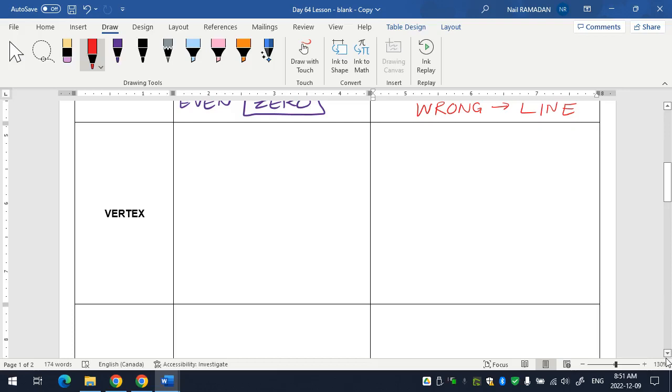Done. So how does the vertex form look? Everyone, here's how it looks. How did the standard form start? What was the very first thing we wrote? Plus minus. Same thing, everyone. Plus minus. And then what did we write? A.